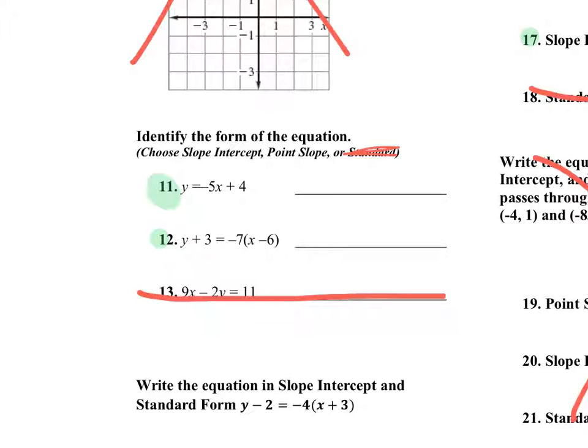We have a little word bank here. So here's an equation, y equals negative 5x plus 4. Is this slope-intercept or point-slope form? You write that out right there. And then this one, y plus 3 equals negative 7 times x minus 6. Which form, slope-intercept or point-slope, is this one? And write that right there.